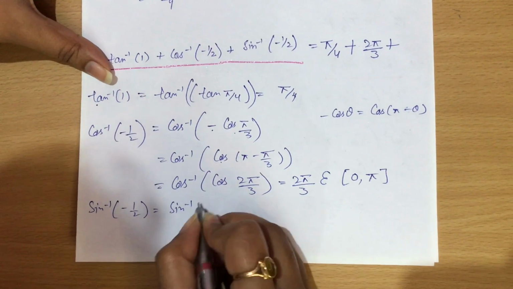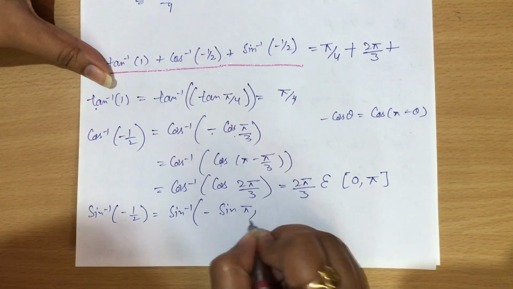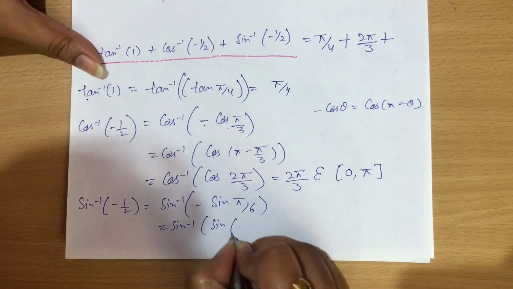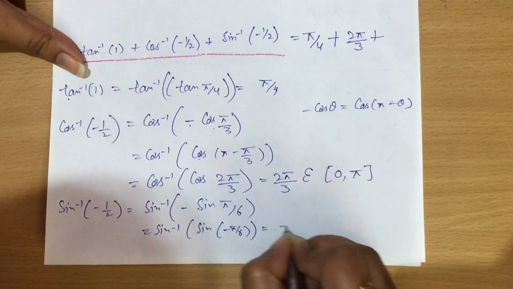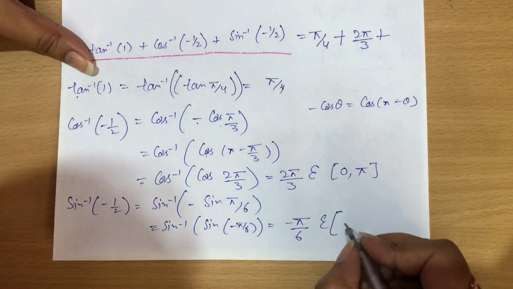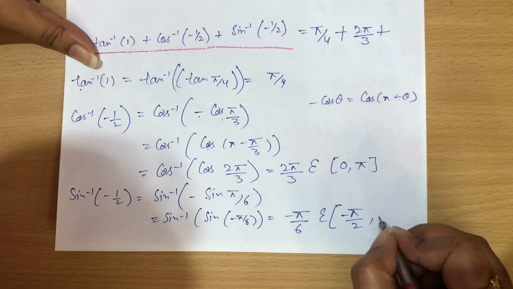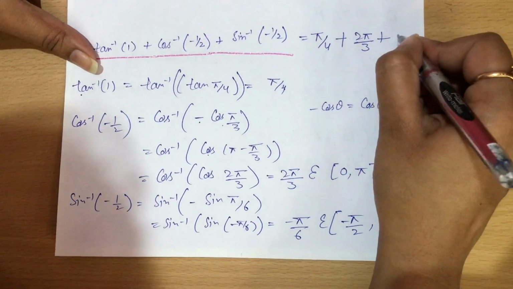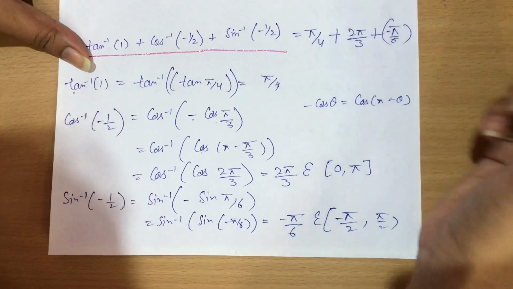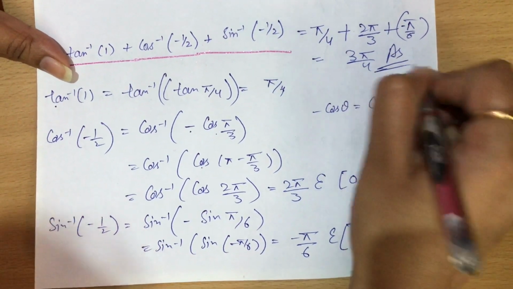This is sine inverse, this is minus, and 1 by 2 you can write as sine pi by 6. So sine inverse of minus sine pi by 6 equals minus pi by 6, because this belongs to the principal range of sine, which is the closed interval minus pi by 2 to pi by 2. So when you solve this, you will get 3 pi by 4 as the correct answer for this question.